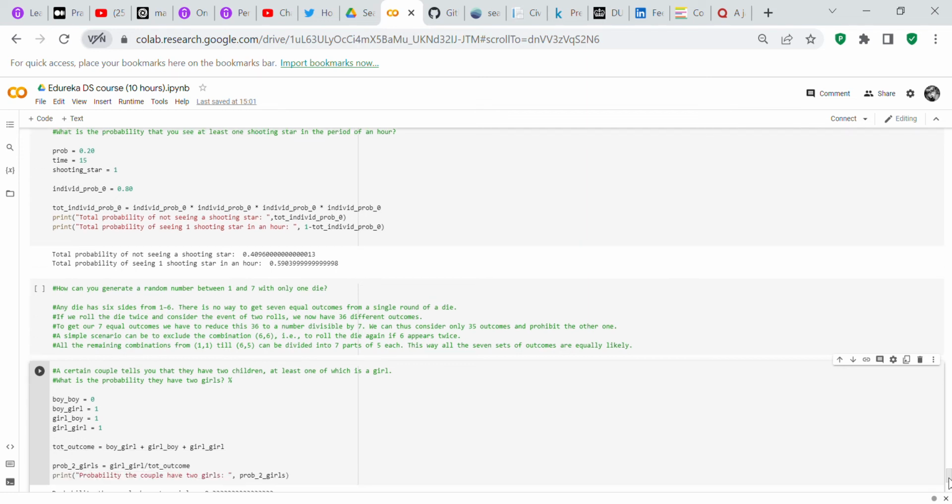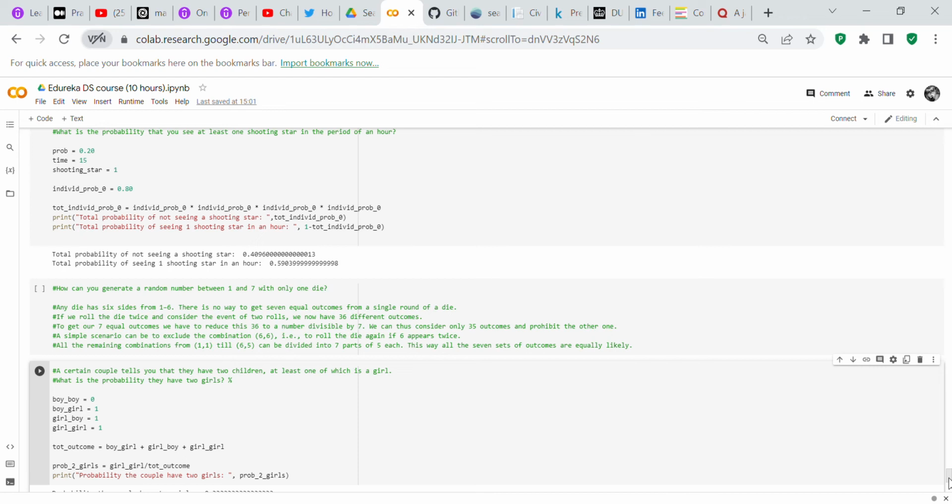The next one is, how can you generate a random number between 1 and 7 with only one die? This is the answer that I looked up on the internet, and it doesn't have any Python programming in it. Any die has 6 sides from 1 to 6. There is no way to get 7 equal outcomes from a single roll of a die.